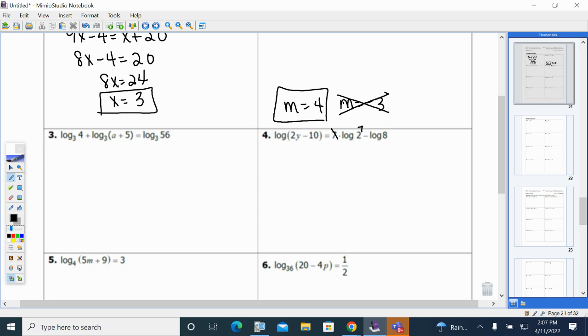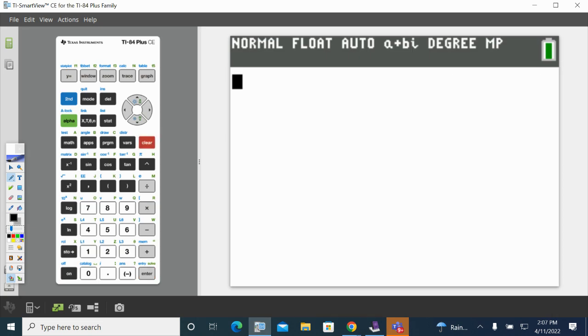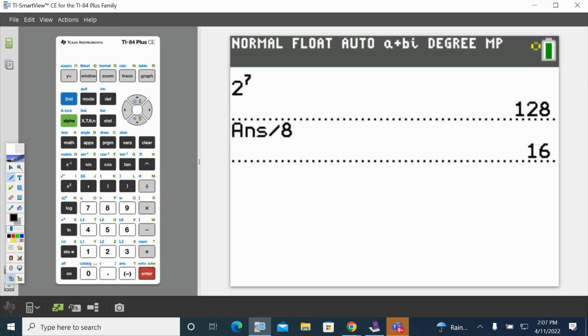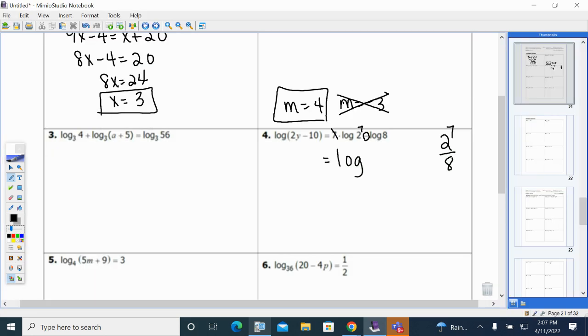And then through division, because there's a minus here, I can combine both logs on the right into just one log. So I need 2 to the 7th power divided by 8. That's going to make that one log. 2 to the 7th power is 128, and when I divide that by 8, I get 16. So the right side now says log of 16.